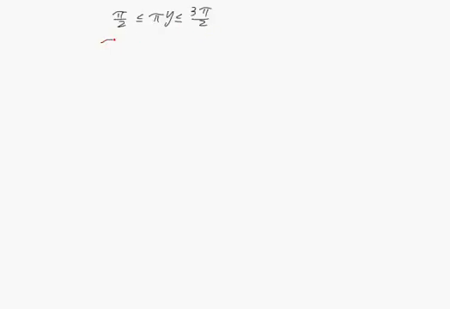So we have half pi minus pi, which is less than or equal to pi y minus pi, which is less than or equal to 3 pi over 2 minus pi. You simplify, you get negative half pi less than or equal to pi y minus pi, which is less than or equal to half pi.